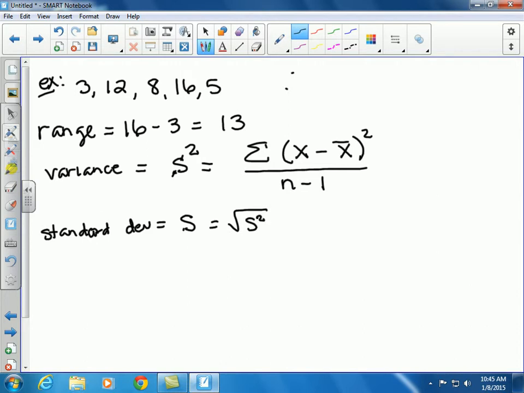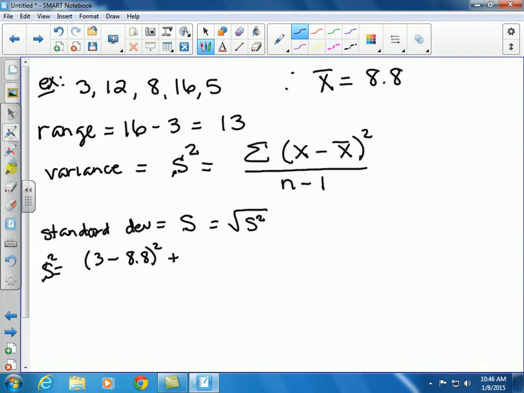So in this example, we do need to recall that x bar was equal to 8.8. If we do the formula for the variance, s squared, what you do there is you take each data point. So you take 3 and you subtract off the mean, and then you square it.